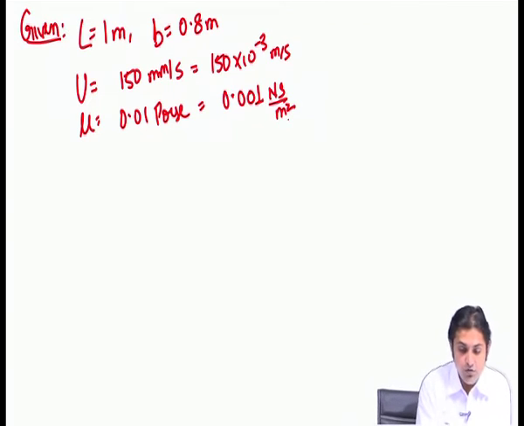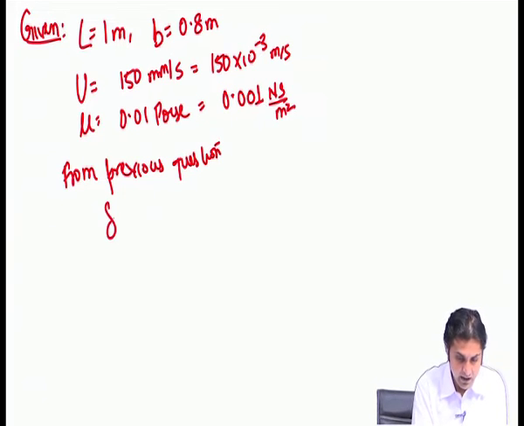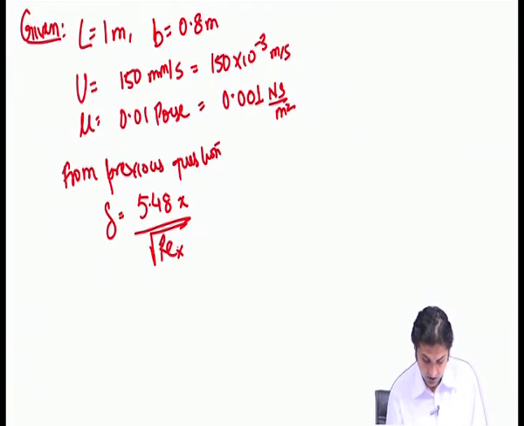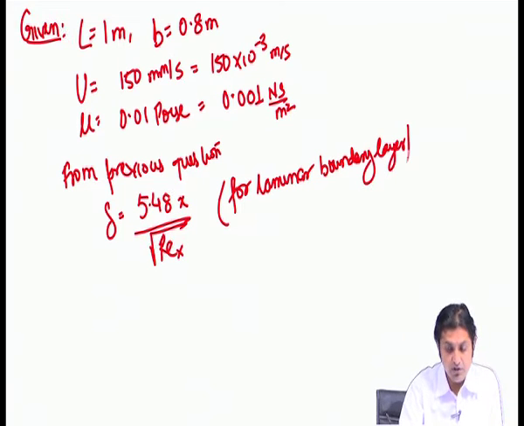Okay. So what we have found out from the previous question, delta is 5.48 x divided by under root Re_x, Reynolds number, for laminar boundary layer, right? Because why laminar?